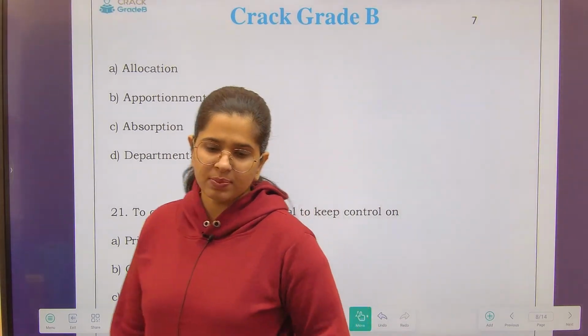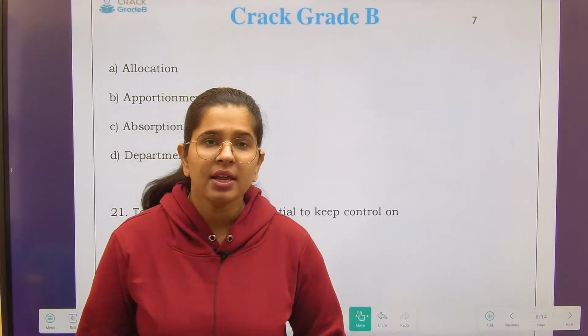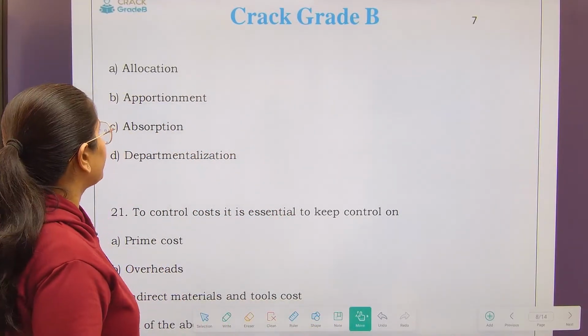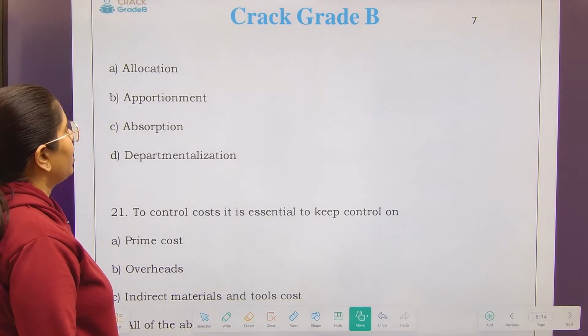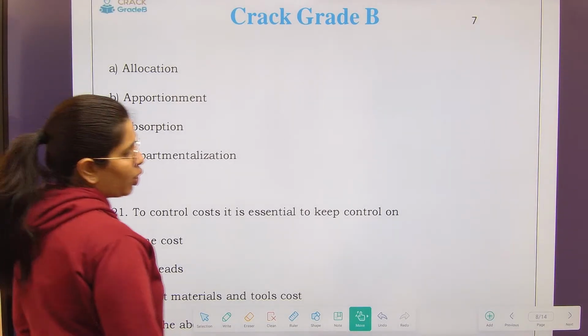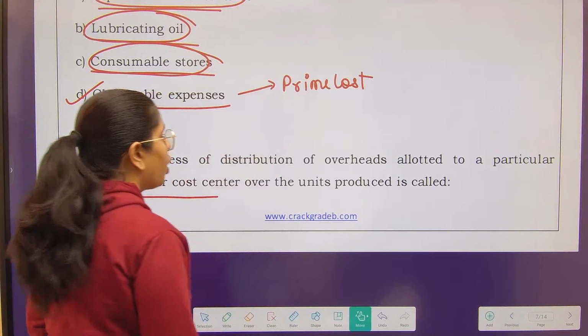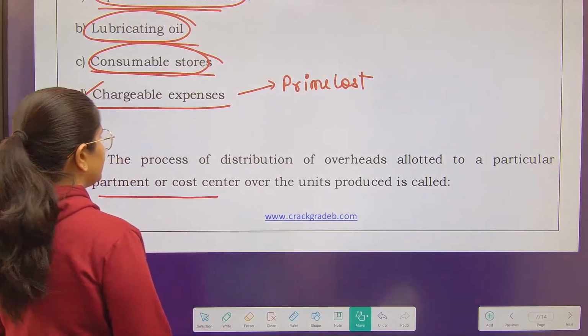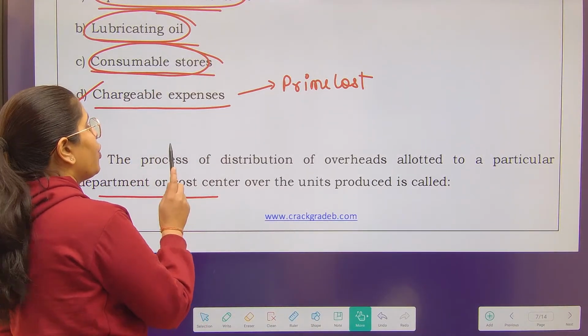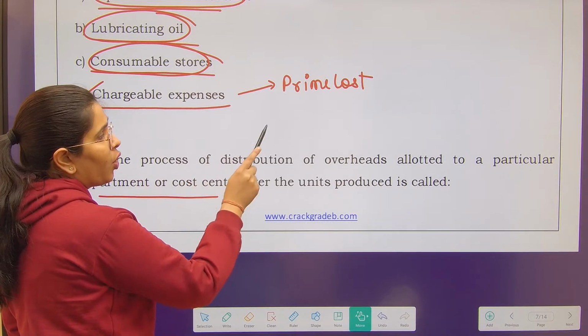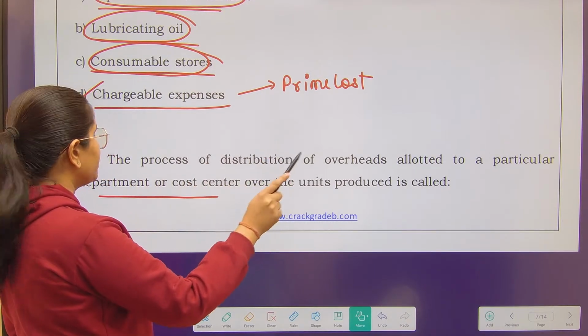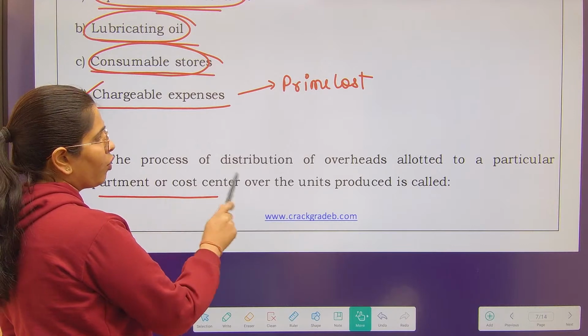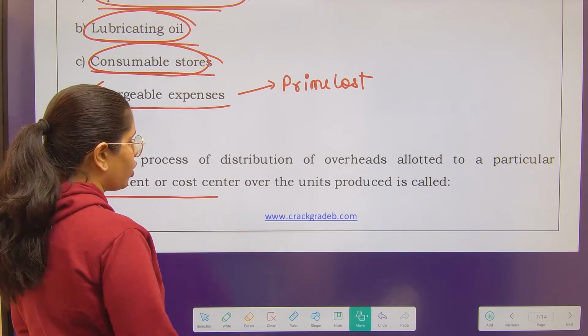We have used this particular term again and again, so I hope that you should remember this. Allocate, apportionment or absorption. See, all these are together, but first see what we are doing over here. We are distributing overheads which are allotted to a particular department over the units produced, it's called.